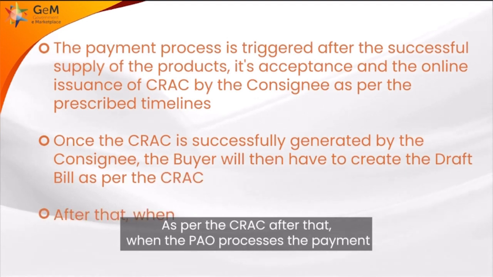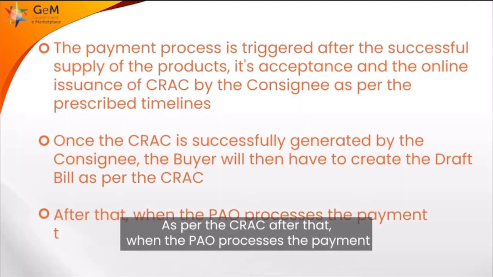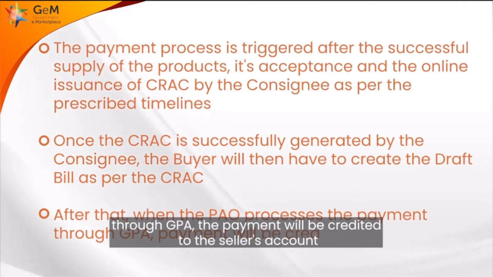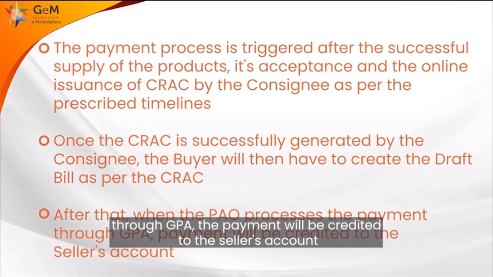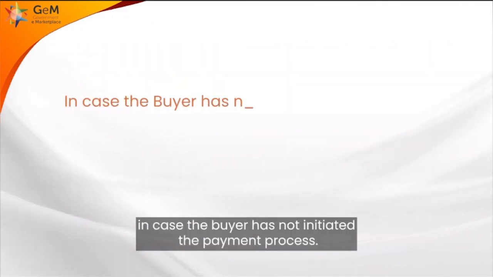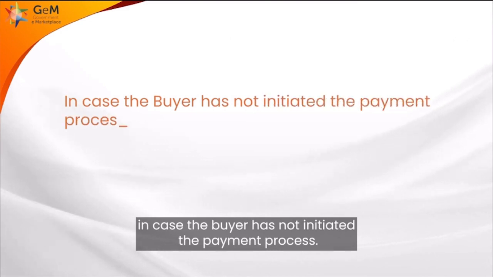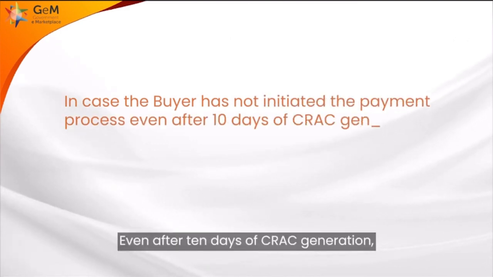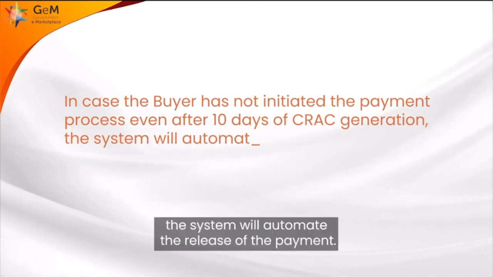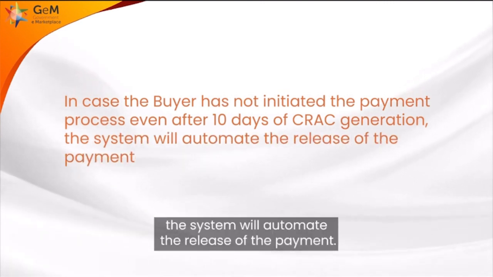After that, when the PAO processes the payment through GPA, payment will be credited to the seller's account. In case the buyer has not initiated the payment process even after 10 days of CRAC generation, the system will automate the release of the payment.